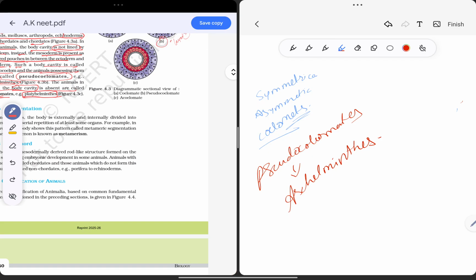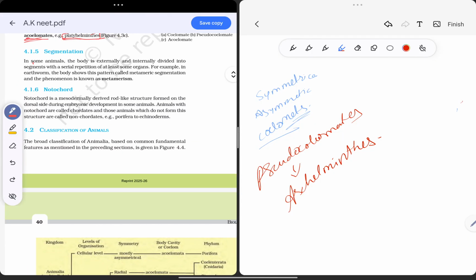Segmentation. In some animals, the body is externally and internally divided into segments with a serial repetition. Serial repetition is a very important word you should remember, of at least some organs. Some organs are present serially, repeating serially, and that is known as segmentation. They might give you this sentence and ask what it means.